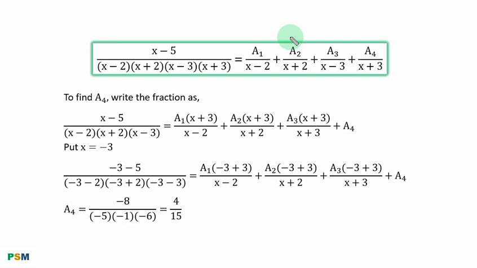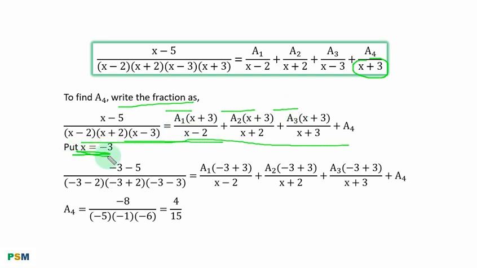To find A4, write the above fraction in this form. That is simply using the linear factor under A4 to multiply through the expression. You have this result. We need to turn A1, A2, A3 to 0, and that is possible if s is equal to −3. s + 3.